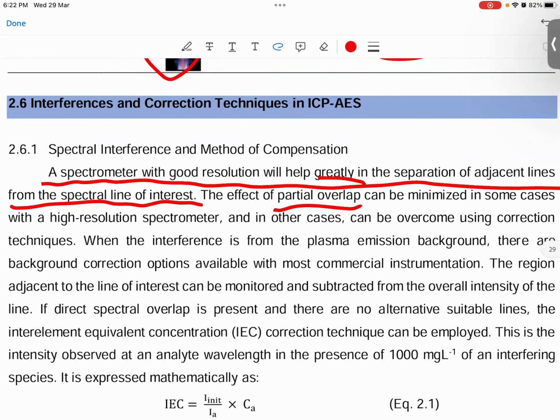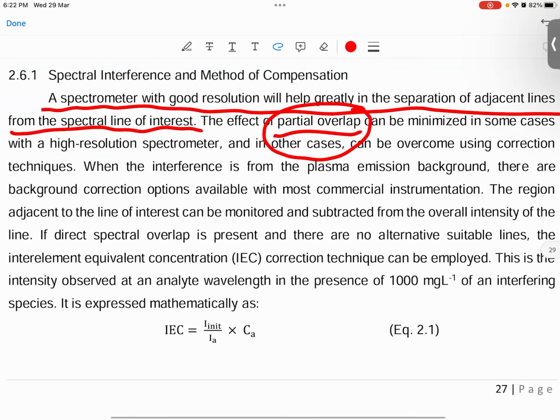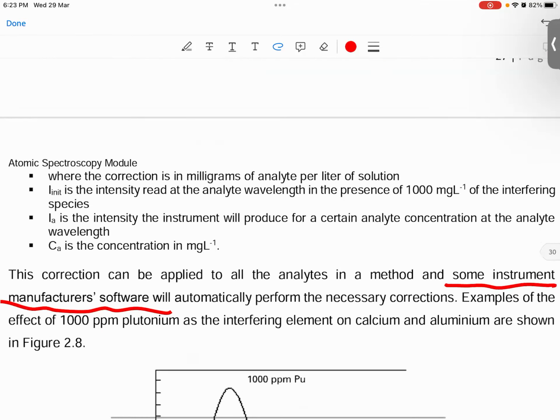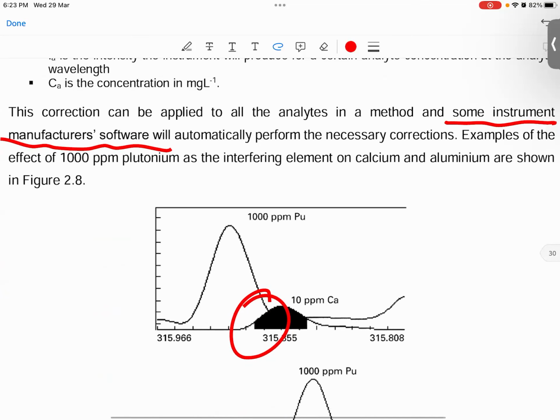You're going to have spectral line overlap, and usually this is not really a problem. I'm going to show you an example of the overlapping of spectral lines.